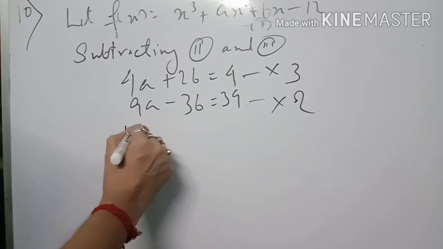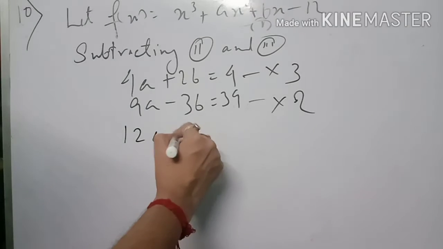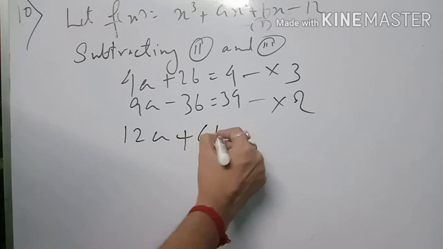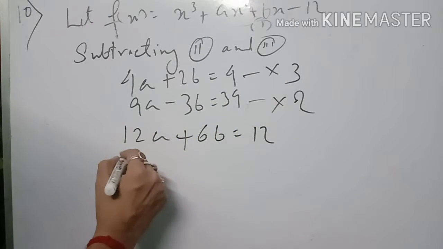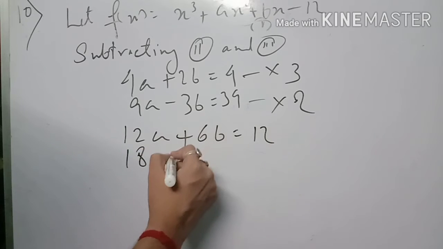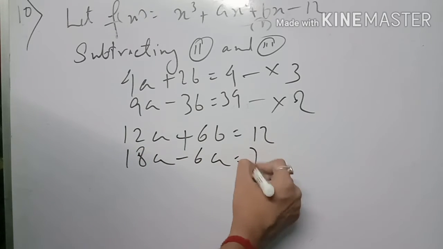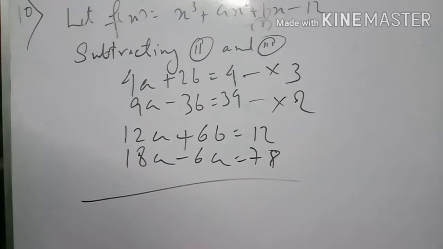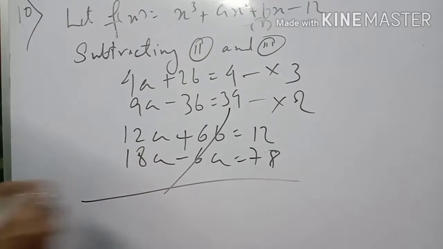It will become 12a plus 6b equals 12. This side will become 18a minus 6b equals 78. Let me sum them up, so the b terms get cancelled.